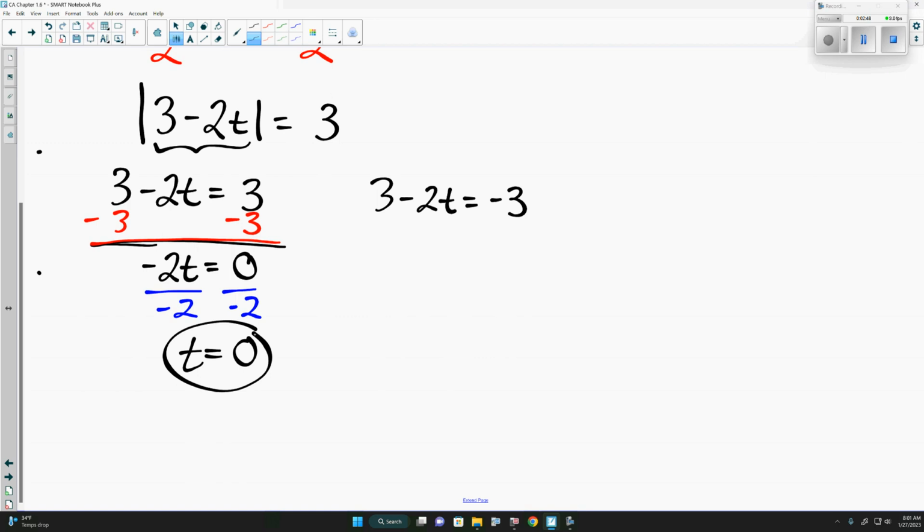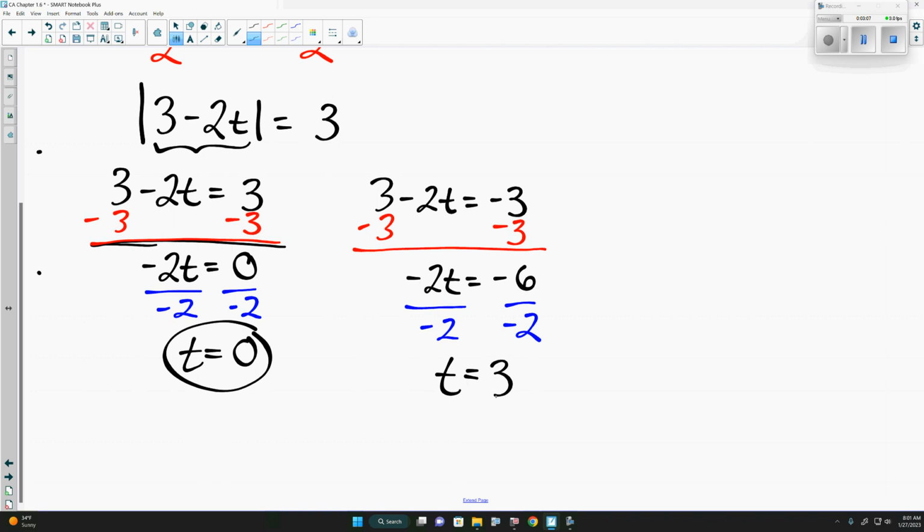Now we're going to do the exact same thing on the other one. We're going to minus 3 from both sides. And when we minus 3 from both sides, we get that negative 2t is equal to negative 6. And then again, we can divide both sides by negative 2, telling us t is equal to 3. And that's it. Both of these are the solution.